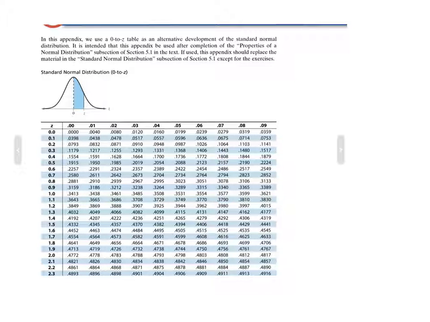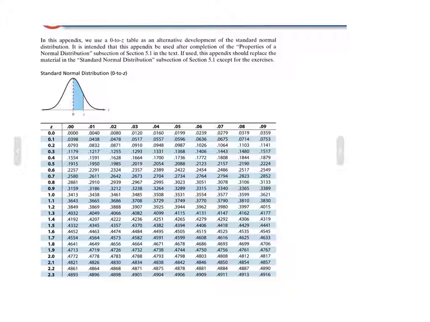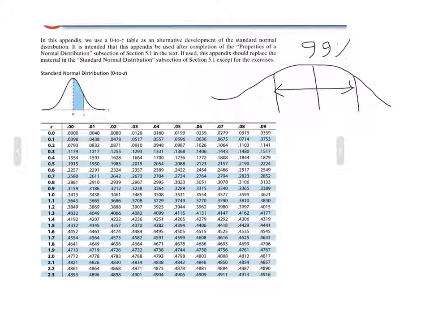Well, we know that our table gives us the area from the center to the upper edge of that 99% interval. So here's the middle 99%, definitely not drawn true to scale. Half of 99% will be above, so that is 0.495.